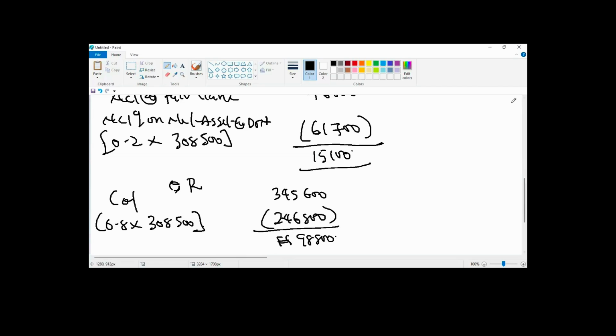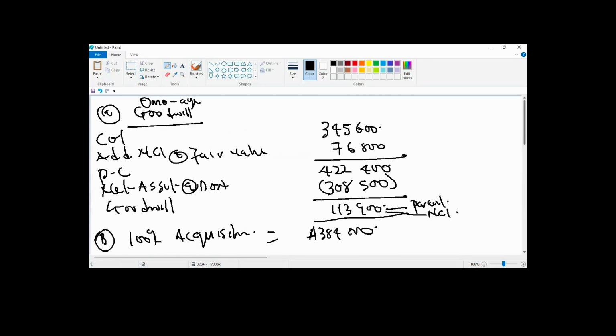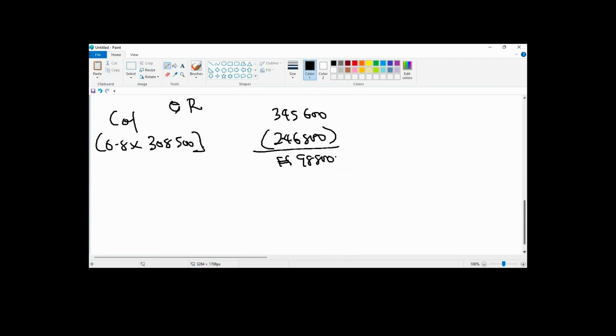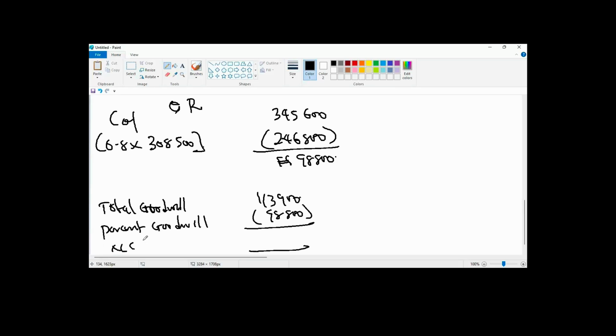If I remove, what is the total goodwill? Total goodwill is 113,900. Then parent goodwill is 98,800. So this will give me the NCI, 15,100.